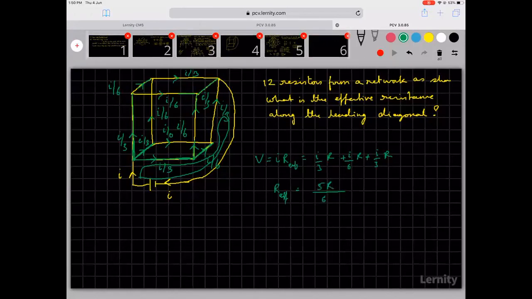So R effective is equal to 5R by 6. This is more as a technique to solve than anything. This question came in the Amrita paper. Students who were able to remember 5R by 6 got the score. So this is one method of working it out. Please make notes and then we will move on.